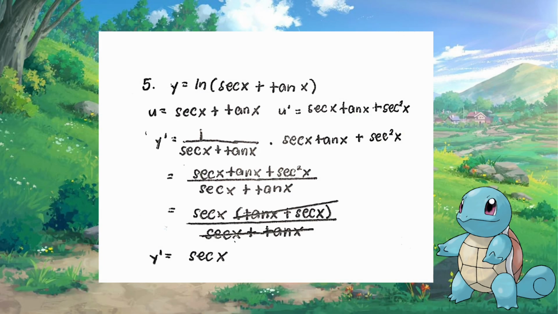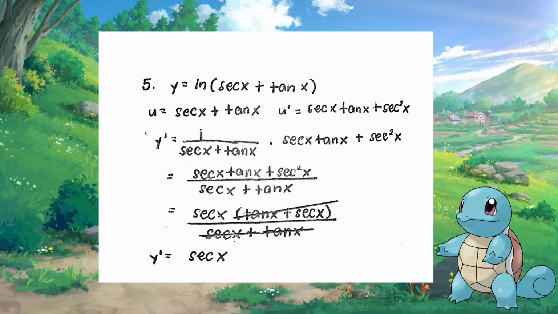For number 5, we have the equation y is equals to the natural logarithm of secant x plus tangent x. So we have the argument u is equals to secant x plus tangent x, and we are going to get its derivative or the u prime, which is equals to secant x tangent x plus secant squared x. And after that, we are going to put it in the derivative formula of a natural logarithm, which is equals to 1 over u times the derivative of u with respect to x.